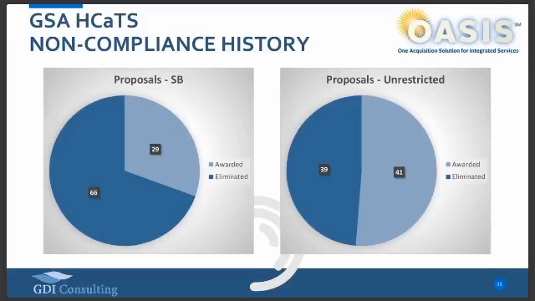Now, if you look at this, the dark blue are all those companies that were disqualified for being non-compliant. So if you look at this, nearly 75%, a little bit less, of the companies that participated in the original 2016 HCATS bid were disqualified for being non-compliant.